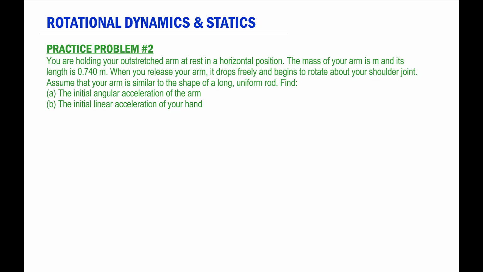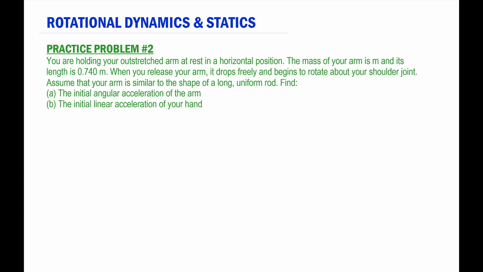Since the question specifically states that the arm is a long uniform rod, we can use the equation for moment of inertia for a long rod rotating about one of its ends. So that's actually I equals 1/3 m L squared, where L is the length of the rod.